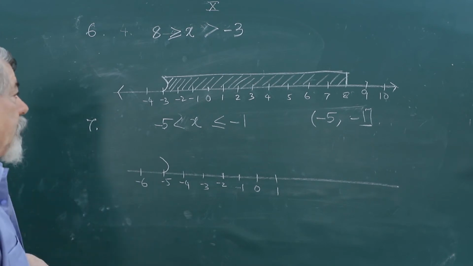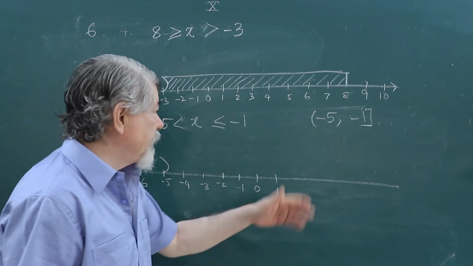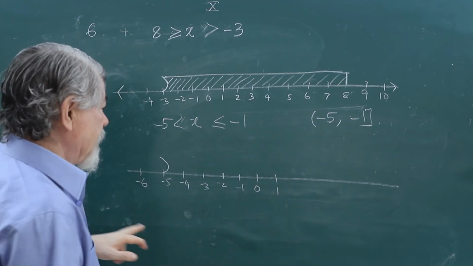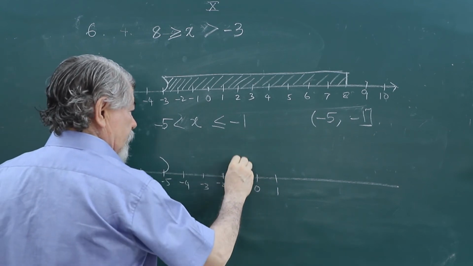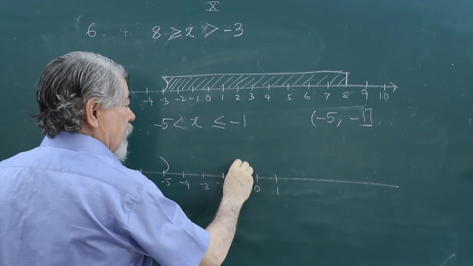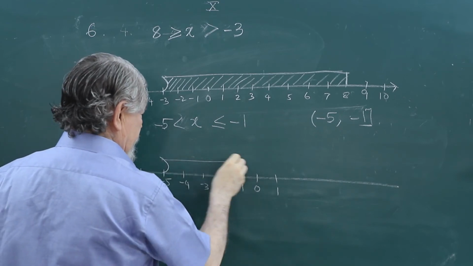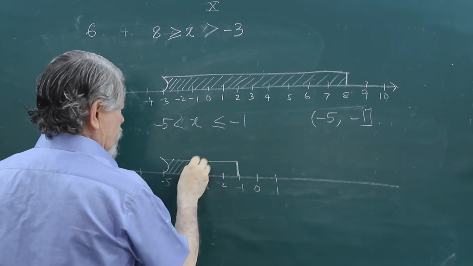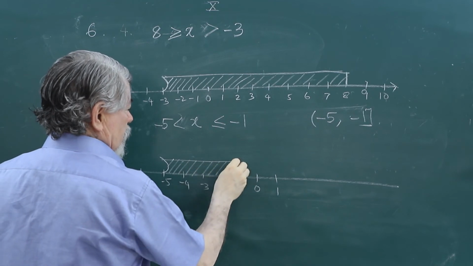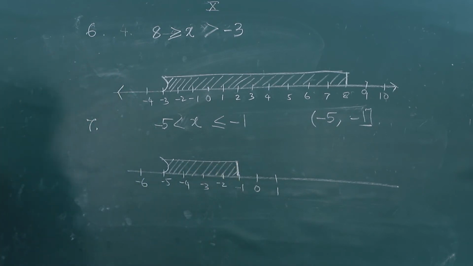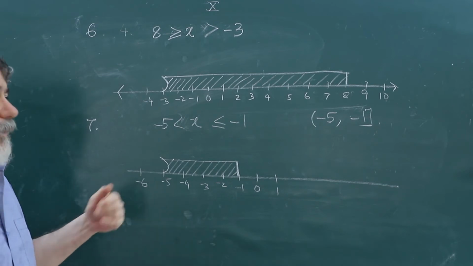Less than or equal to minus 1, so we will draw a straight line. And this will give you the representation of this inequation on the number line.